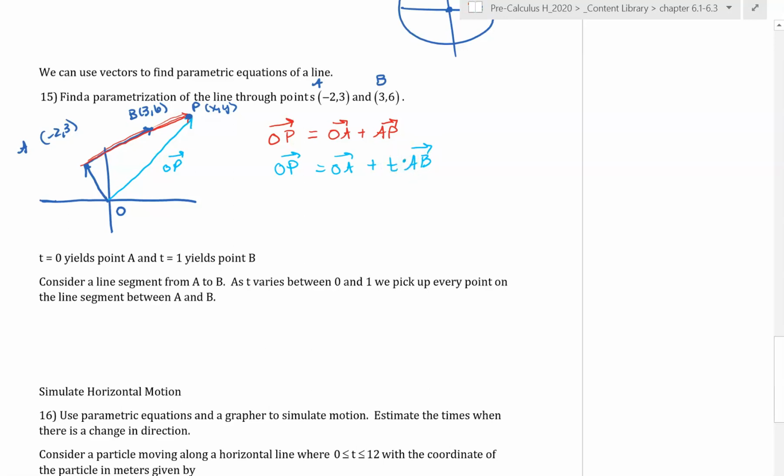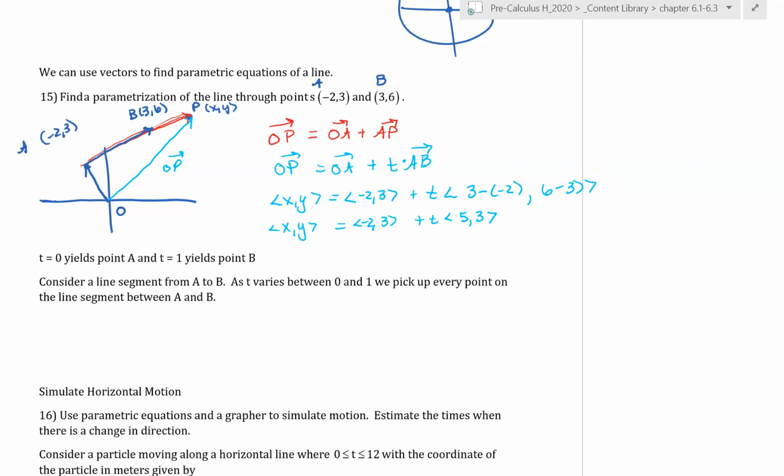So let's think about point P as x, y. We have x comma y, and OA is -2 comma 3, and then we have this t times AB. Remember, we start with the terminal point, the head minus tail method, to put AB in component form. There we go.